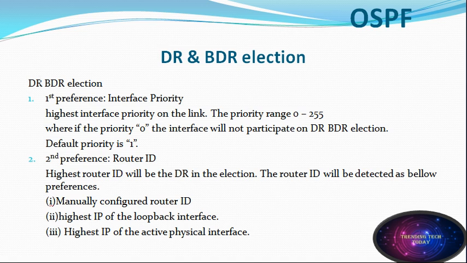If we did not manually configure the router ID, the highest IP of the router's loopback interface will be the router ID. If there is no loopback interface, then the highest IP address of any of the physical active interfaces will be the router ID.